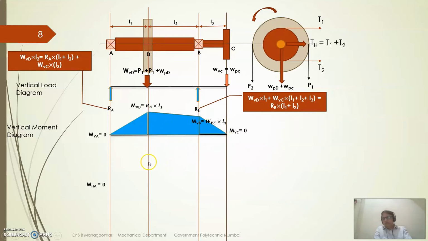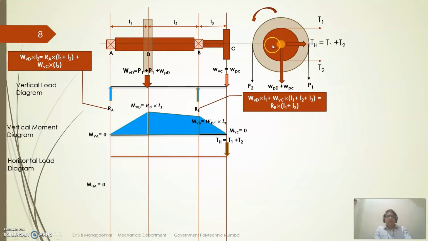Now after this we have to go for the horizontal load diagram. Again, just see here. T1, T2 are acting at point C, so we should not take them for the vertical.